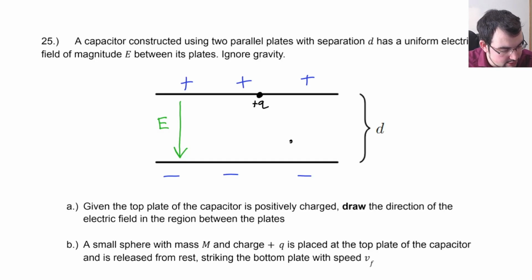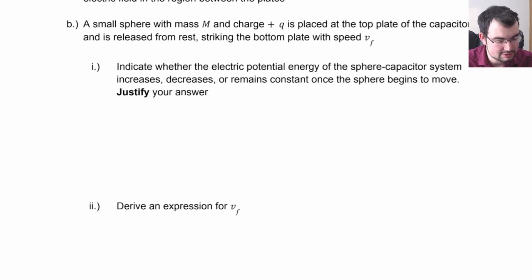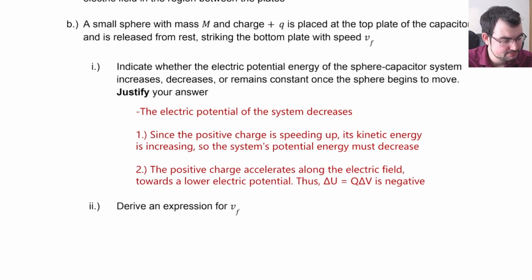And then it is going to strike the plate. Well, if we think about what's happening, the speed of the particle is increasing. And if your speed is increasing, your kinetic energy is increasing. And kinetic energy must come from somewhere. And in this case, it comes from the potential bank. So my potential bank must decrease to increase the kinetic bank.